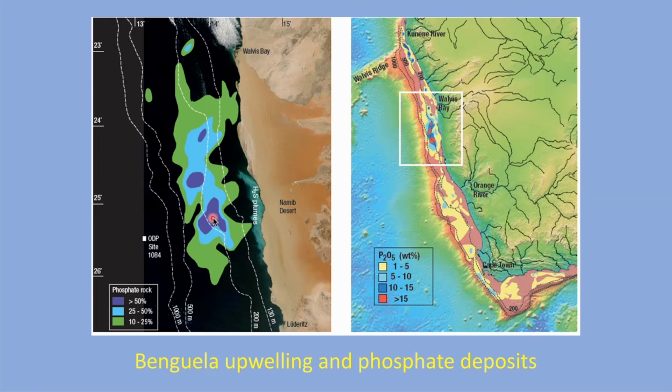And there's been a lot of discussion and exploration around potentially mining that phosphate because it's a valuable commodity for making fertilizers to grow more crops. So that's just to point out that that cold upwelling water has a long history. In the case of Namibia, going back to about 5-6 million years. Off of South Africa extends back even further to 20-odd million years ago.